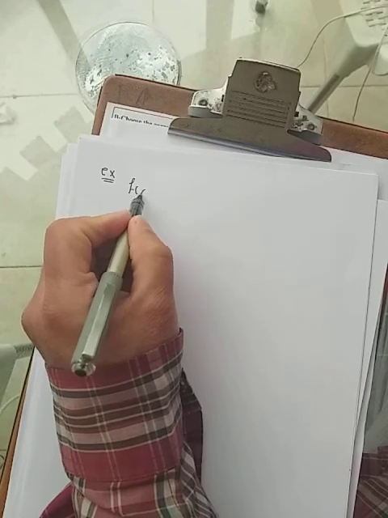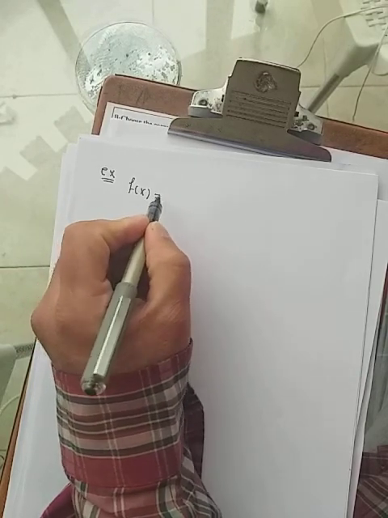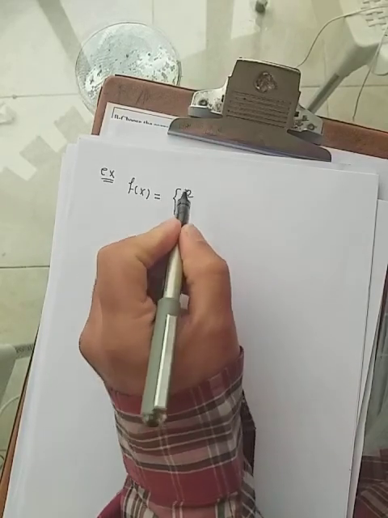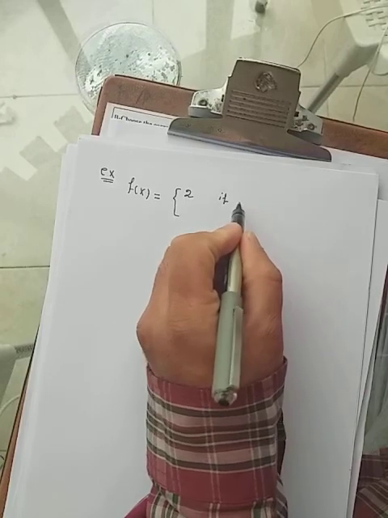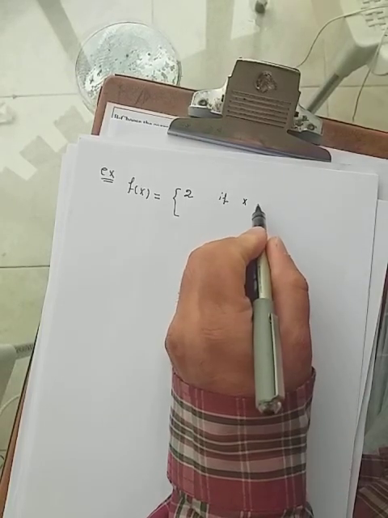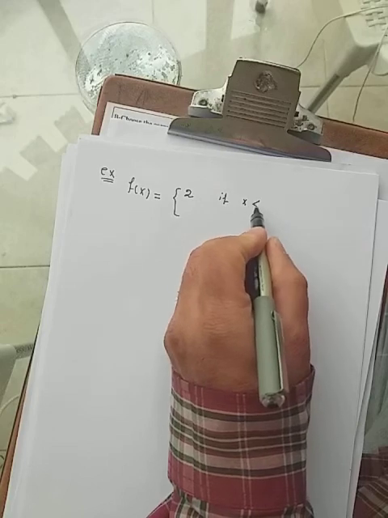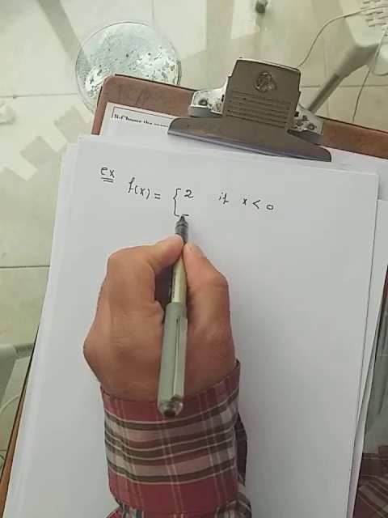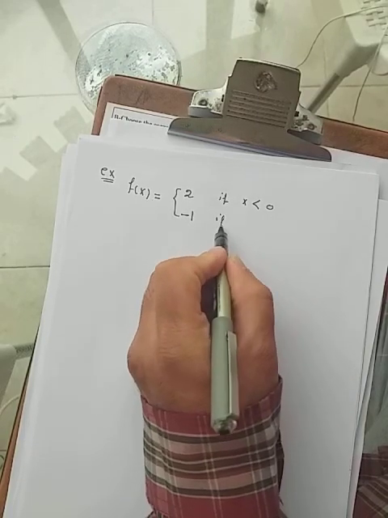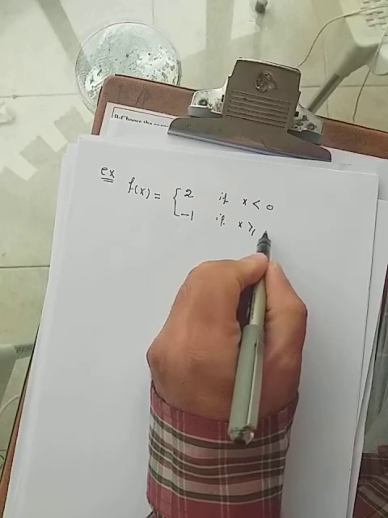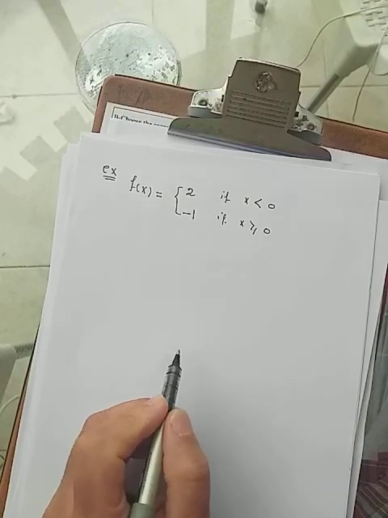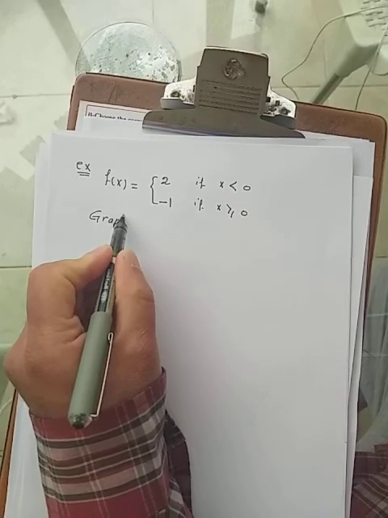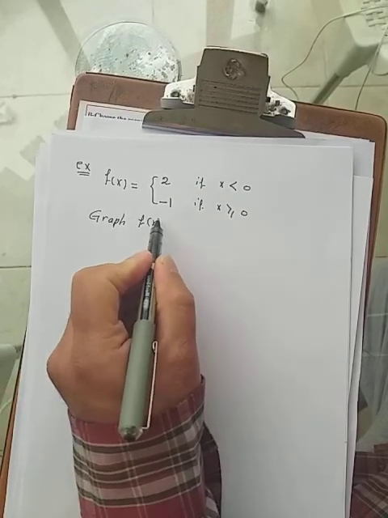If you have f of x equal to 2 if x is less than 0, and it's equal to minus 1 if x is more than or equal to 0. Graph f of x.